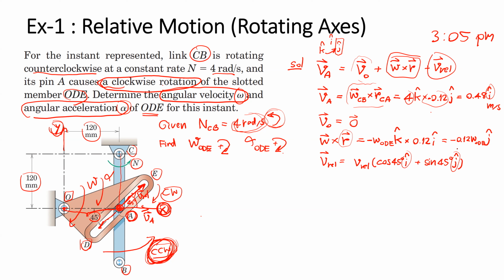So the definition of the slot on the coordinate frame IJ never changes, but we just don't know the magnitude and the direction of the relative velocity.